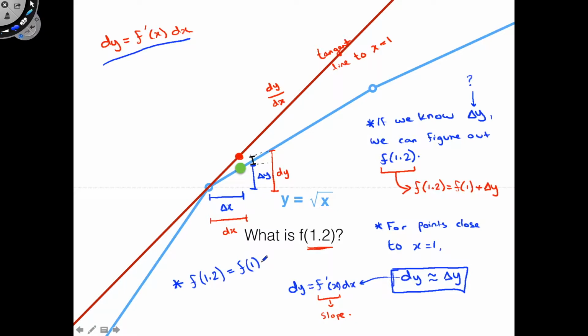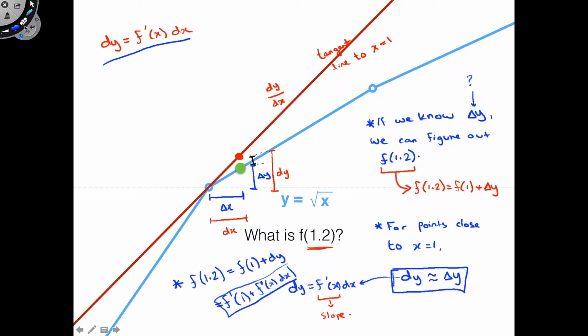And if we do a little bit of simplification, we can say f of 1 plus f prime of x dx. Okay. Sorry, that's a bit messy, but that's where we're coming from, okay?